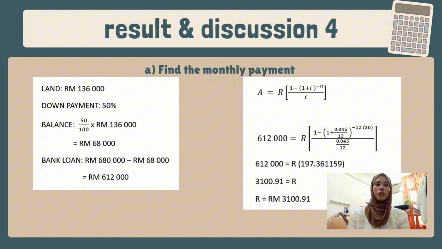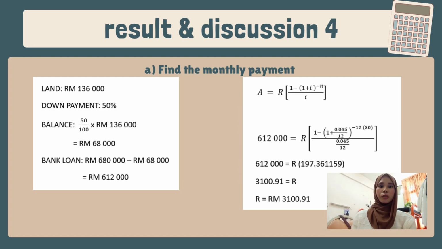To find the monthly payment, we need to use the formula A equals R open square bracket 1 minus open bracket 1 plus small letter i close bracket power of minus n per small letter i close square bracket. A is 612,000 equals R, which we need to find, open square bracket 1 minus open bracket 1 plus 0.045 per 12 close bracket power of minus 12 open bracket 30 years close bracket per 0.045 per 12 close square bracket. 0.045 is the 4.5% that the bank charges, and per 12 because it is compounded monthly.